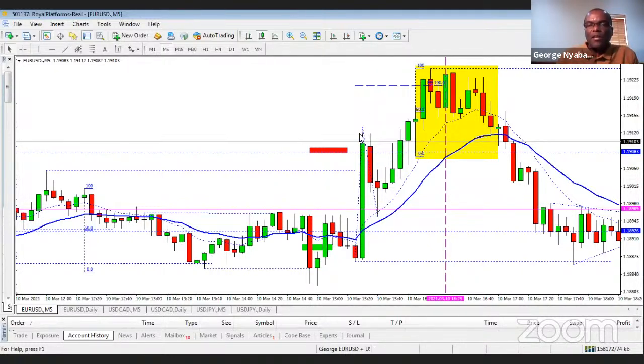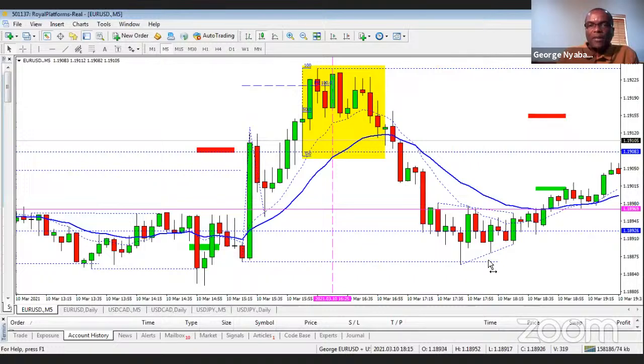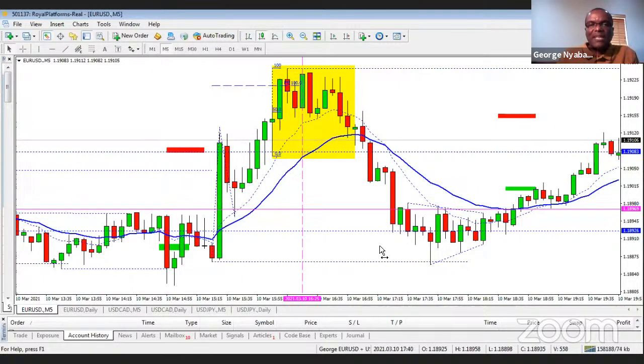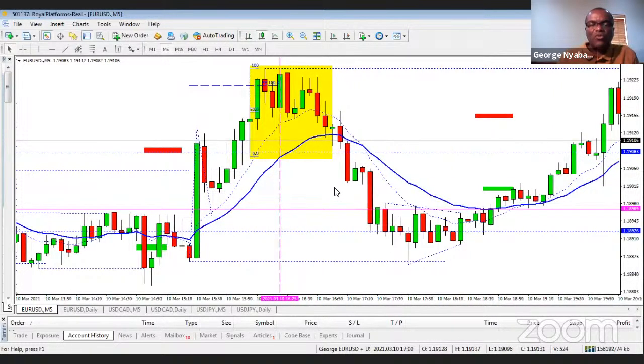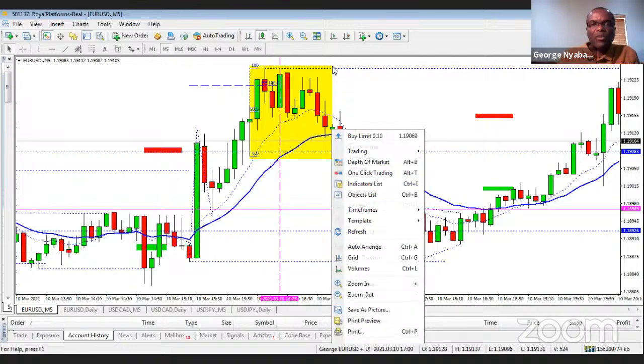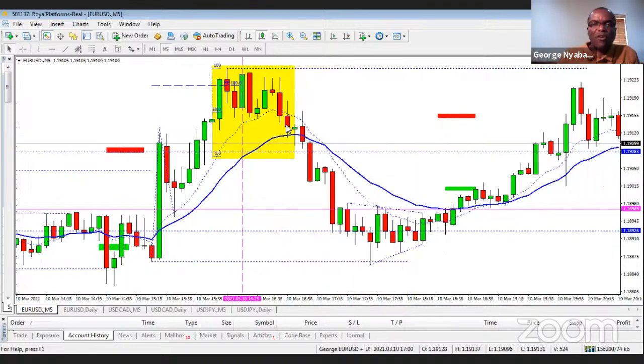Okay, yes. So that was, what's that, the third trade on the euro. Then there was nothing else that set up that I was prepared to trade. This yellow thing, which I can take out, is just to show you the importance of the open.